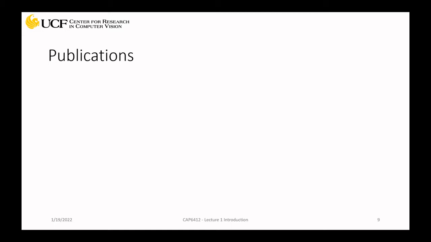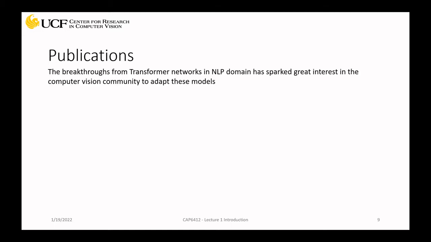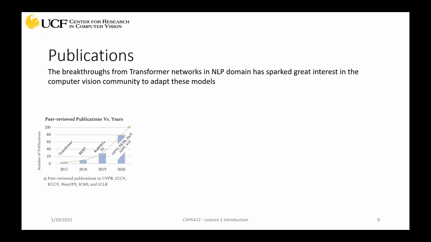The publications on transformer have been really impressive. It's a big breakthrough, and it started in NLP, but there is a lot of interest in the computer vision community. That's why we're discussing it. So this graph shows the number of publications from 2017 to 2020, and as you see, it's going up. So there was just transformer, then BERT, and RoBERTa, T5, GPT-3, and all those things.